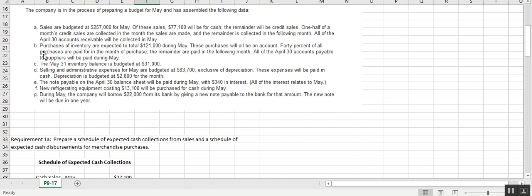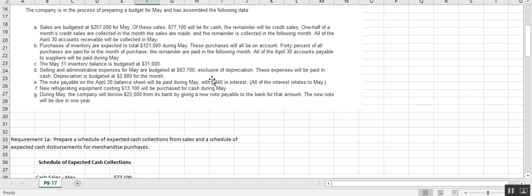So we already took care of A. We already took care of B. Oh, here's our selling and administrative expenses. So selling and administrative expenses for May are budgeted at $83,700, exclusive of depreciation. So these expenses will be paid in cash. Depreciation is budgeted at $2,800 for the month.